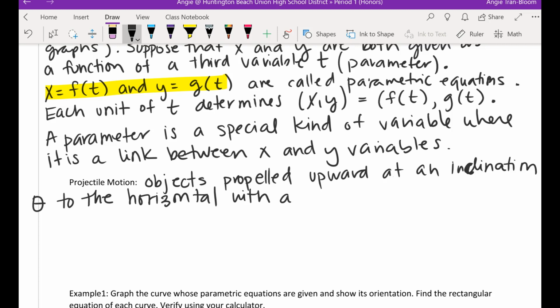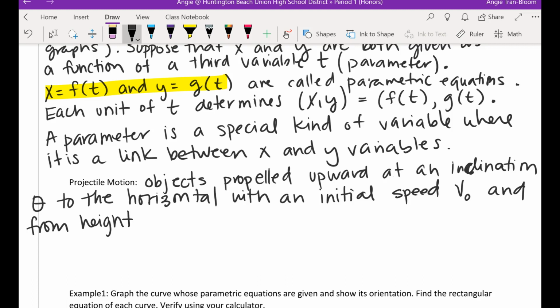With an initial speed, and this speed is called v subscript 0, and that's your initial velocity. And from a height, let's call it h, above the horizontal.